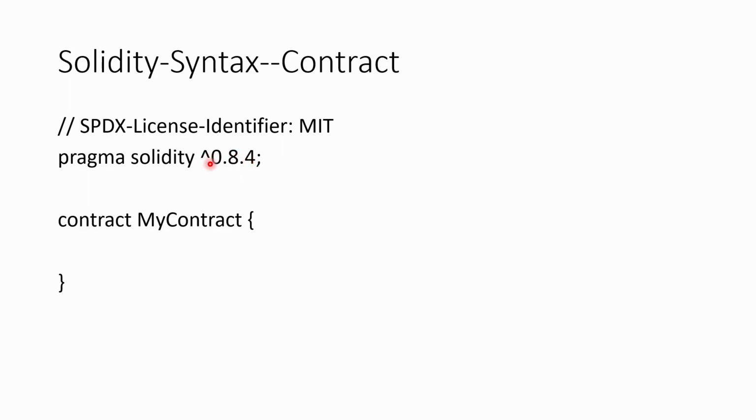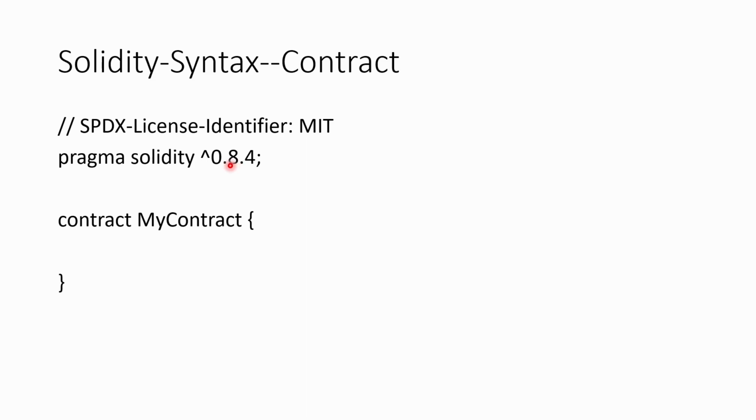So the meaning of this caret is any version greater than or equal to 0.8.4 but less than 0.9.0. We can actually range from 0.8.4 to 0.9. So it actually tells a range for the minor version. It means that if the compiler used is 0.9.0 or above, this code may not give the expected result.